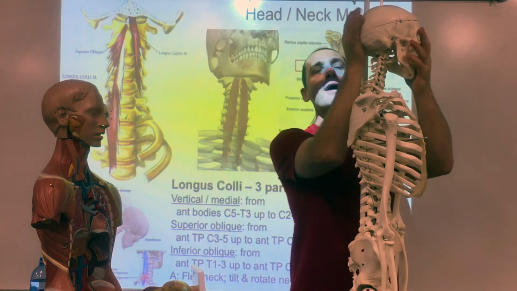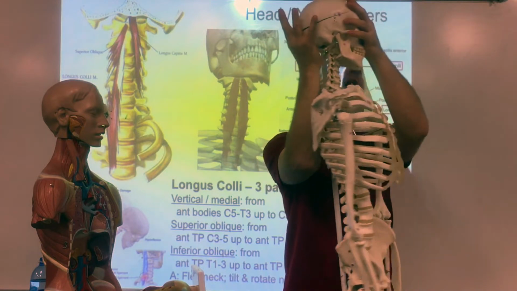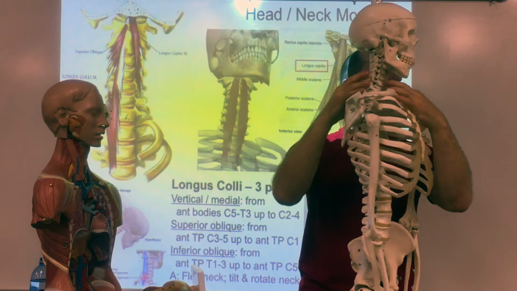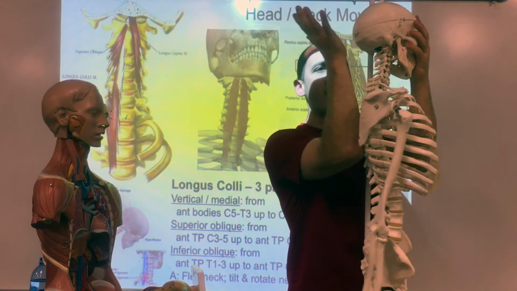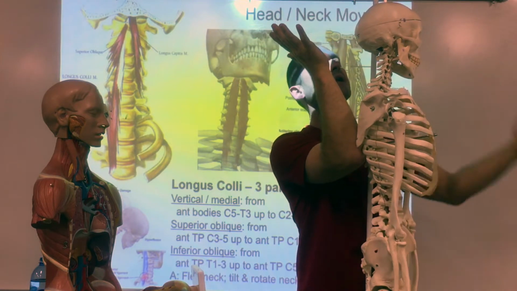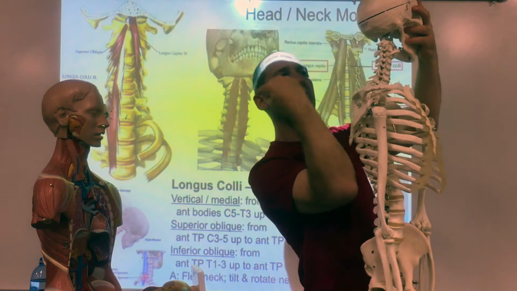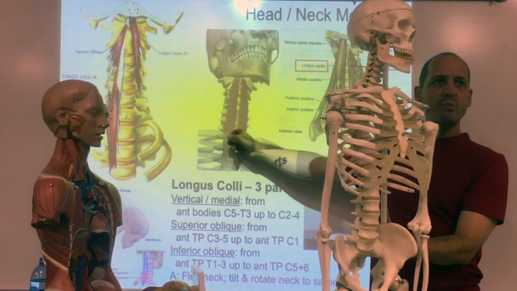Because when you get smacked from behind and your head's on the headrest, that head's going nowhere. All this is nice and protected, at least somewhat, but much more protected than if your head is not on a headrest and you get smacked and that head falls back. It bends this spine backwards. It rips these muscles. You got whiplash.